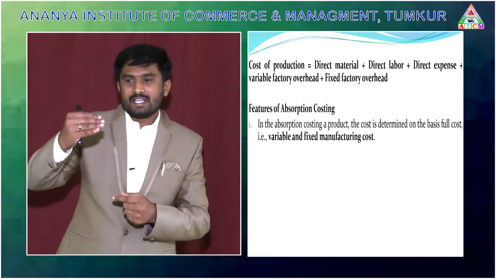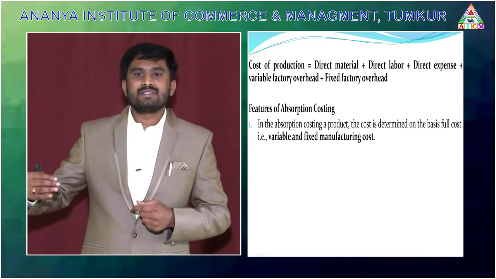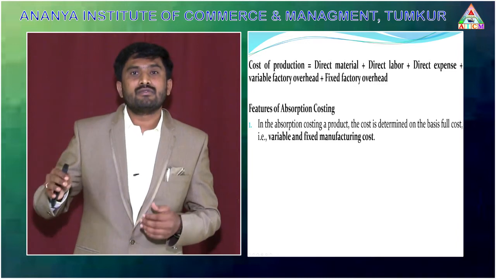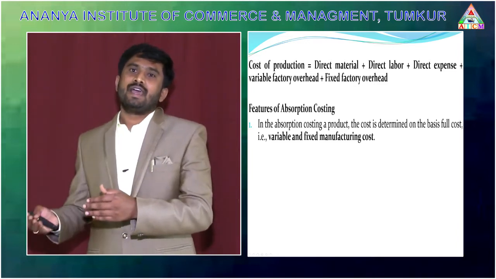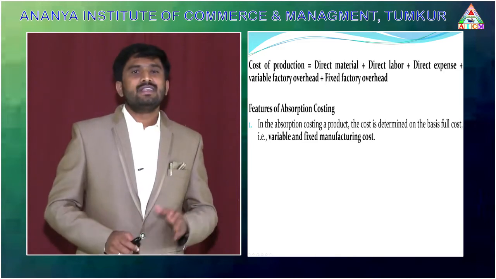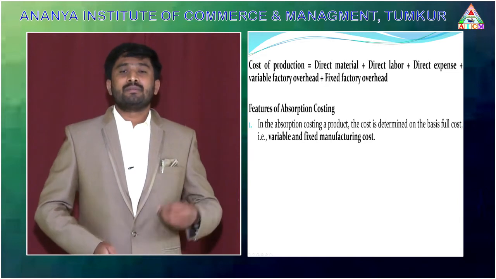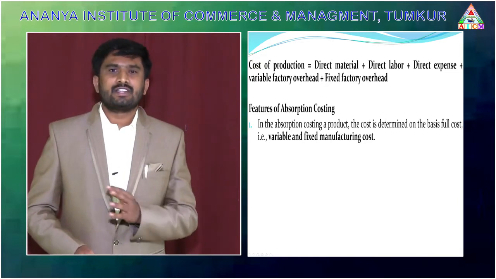That's why we take into account direct material, direct labor, direct expenses, variable overhead and also fixed factory overhead. That means for absorption costing, we add fixed cost. So the cost of production is equal to direct material plus direct labor plus direct expenses, variable manufacturing overhead plus fixed factory overhead.